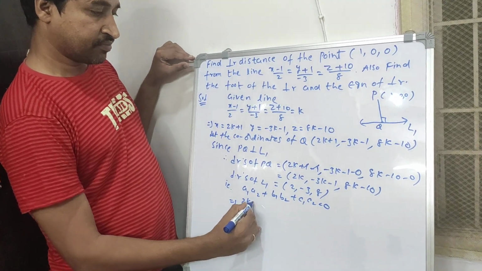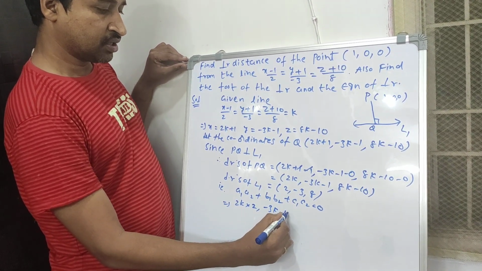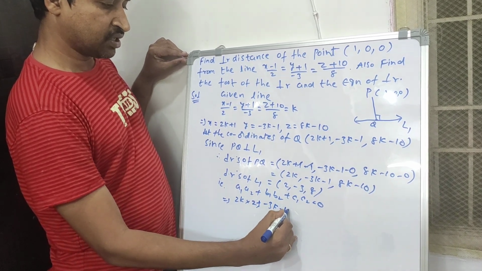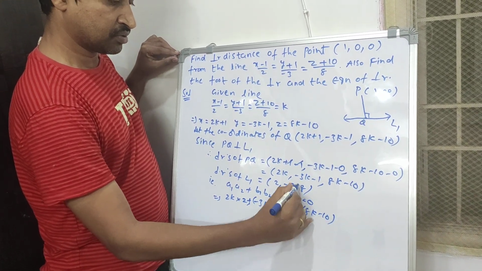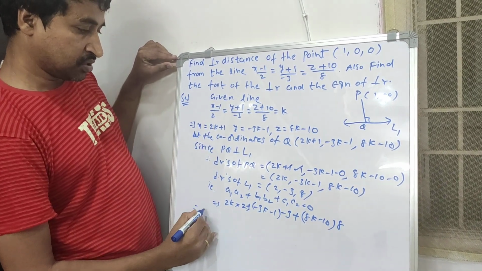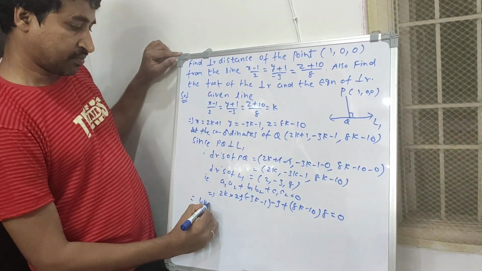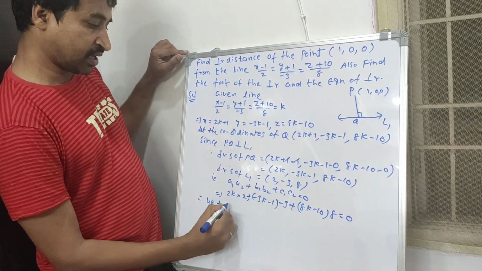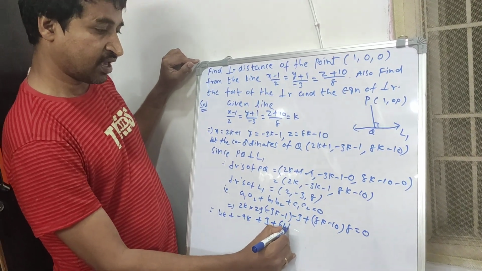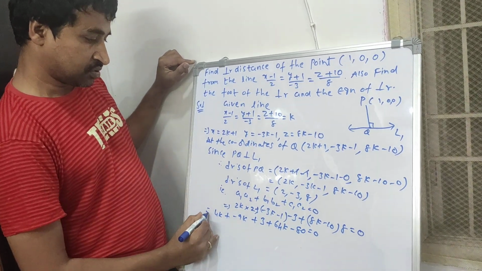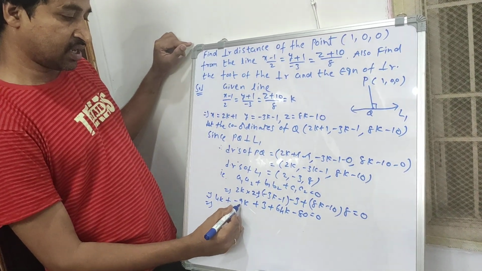Therefore 2k into 2, plus (minus 3k minus 1) into minus 3, plus (8k minus 10) into 8 is equal to 0. That is 4k plus 9k plus 3 plus 64k minus 80 equals 0.